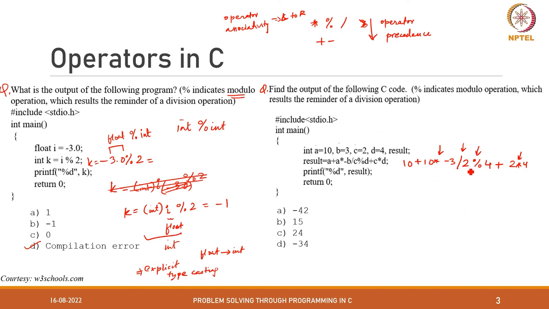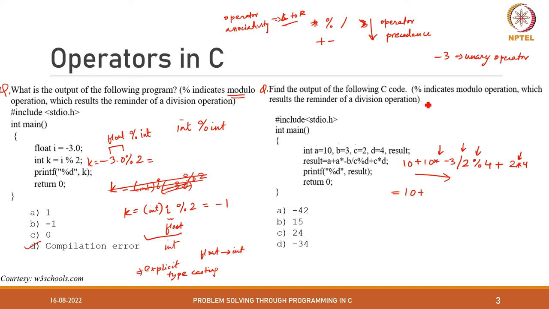So the associativity rule says that it will go from the left to the right. That means we'll evaluate in this manner. So it will be 10 plus, and this will be evaluated first. This minus 3 is a unary operator.